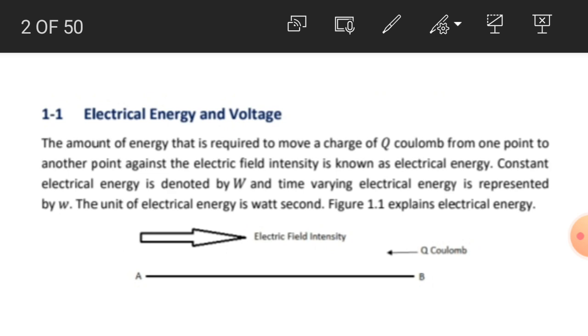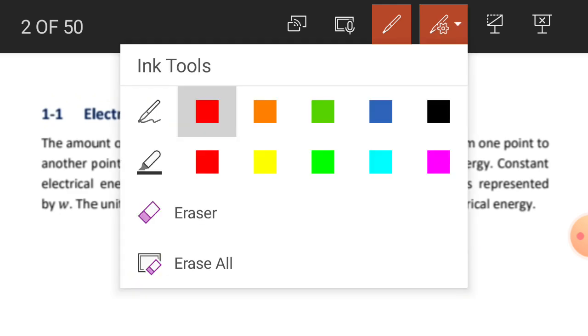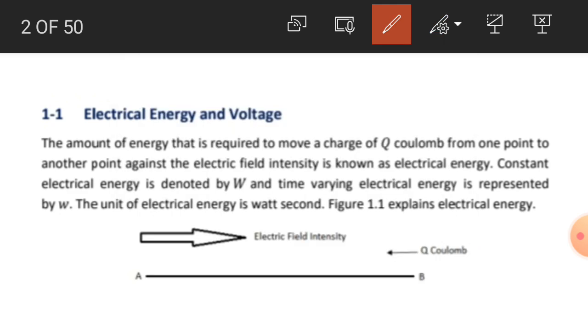Well, in this very course, we are dealing with two different types of quantities. The electrical quantity, the magnitude of which is constant with respect to time, is represented by a capital letter in this particular course.